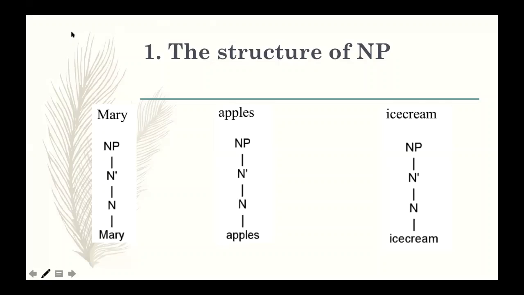The tense you will add into the tree later on, not in this chapter. For now, you can look at the 3 examples of noun phrase I have here: Mary, apples, and ice cream. We just go with the NP. We go to N bar, and this is the place for complements. Later on, we go to the head noun N, and then we have the noun. Seems very simple.